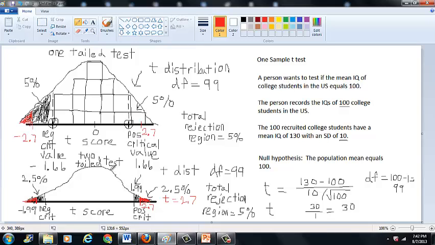So the computer says, I know the shape of the curve, and I know where your t-score is. So it can use both of those pieces of information to calculate how big of a piece this is right here inside this area of the curve.